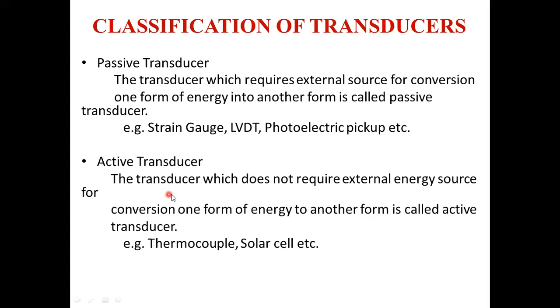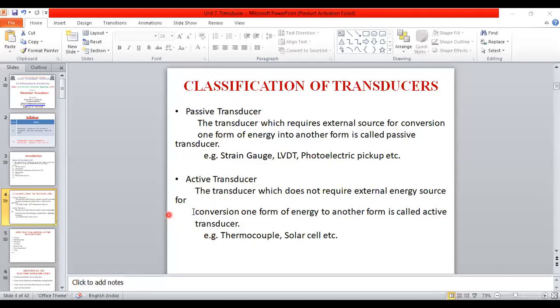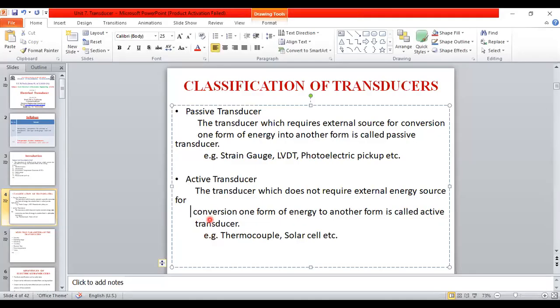Next, the active transducer: the transducers which do not require an external energy source. External electrical energy is not required for these. Those are called active transducers. For what reason is the supply required? For conversion of energy from one form to another form.